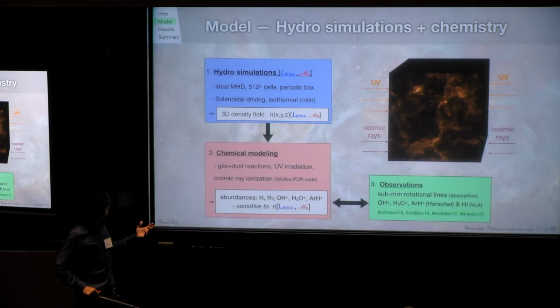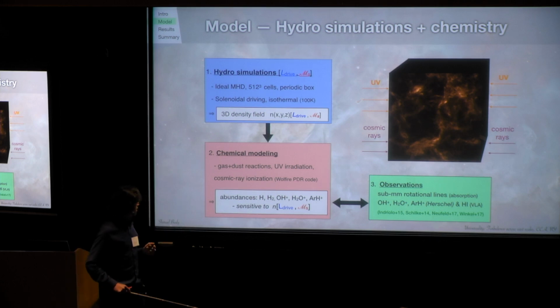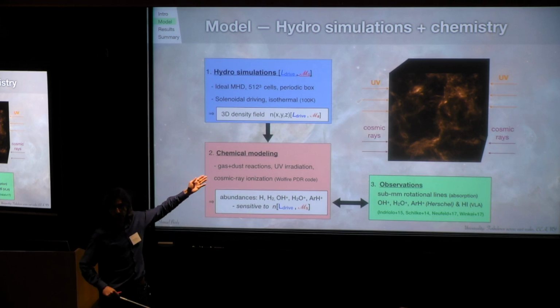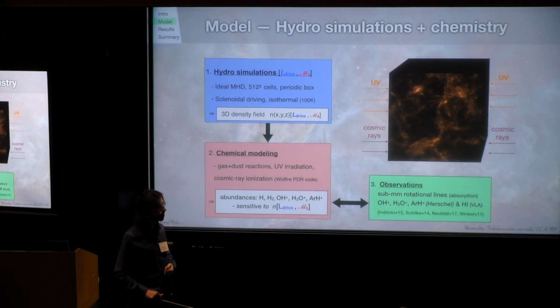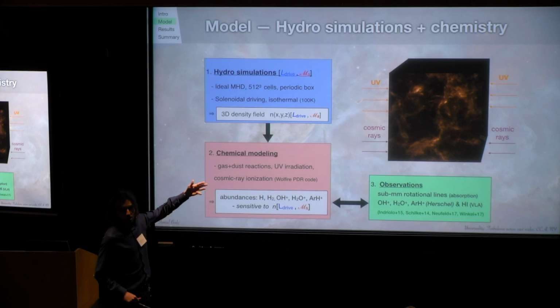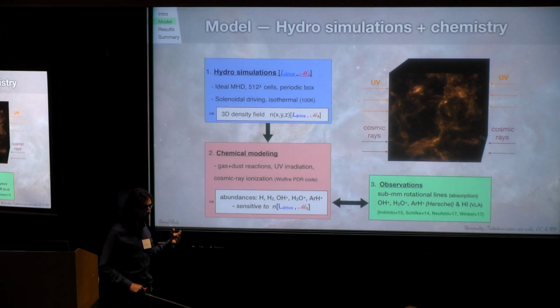That model includes gas phase reactions and dust reactions, along with UV radiation, photodissociation of molecules, and cosmic ray ionization of molecules and ions, to calculate the abundances of various chemical species, molecules, atoms, ions.